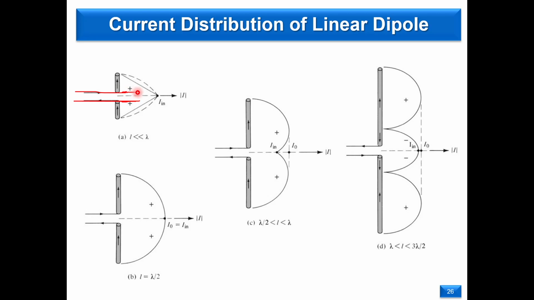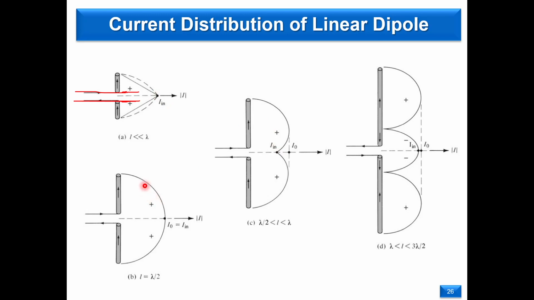So we think of the current as the current distribution over an open circuit parallel wire transmission line. Then this arm is turned to be this one, and this arm is turned to be that one. When the length of the dipole is not infinitesimal but very short, we'll have a small portion of a sinusoidal current distribution.